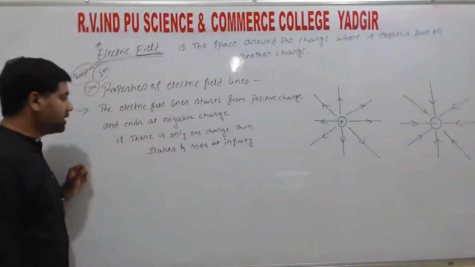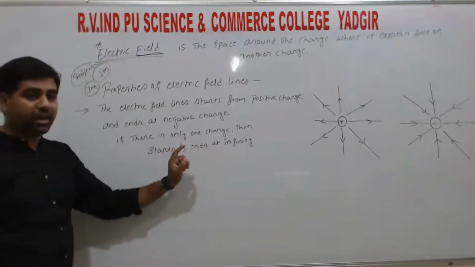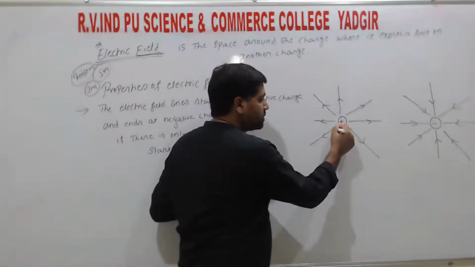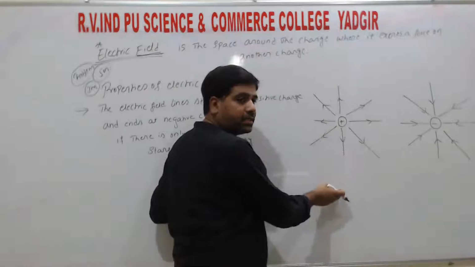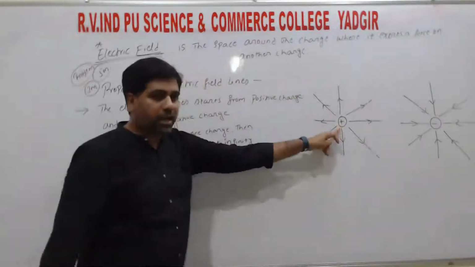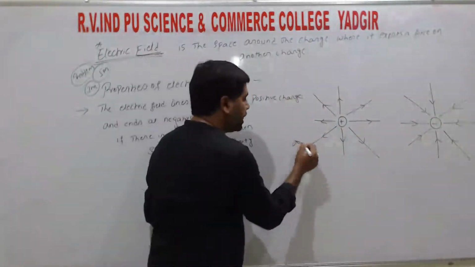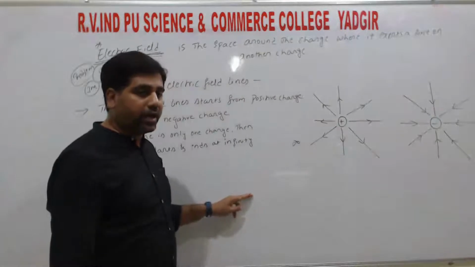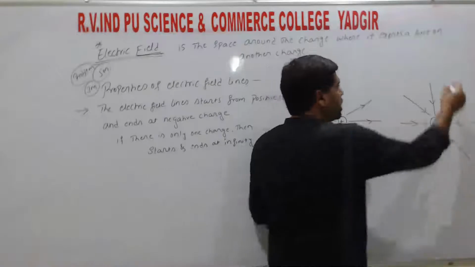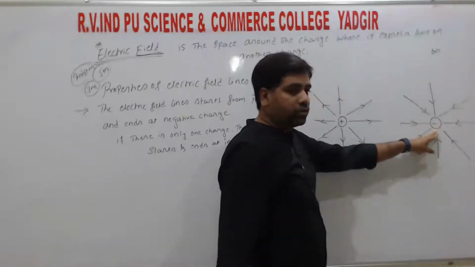Next, it says if there is only one charge, they start and end at infinity. Here we have the positive charge. It starts from positive but ends at infinity. If we consider only this positive charge, it starts from here, but where will these electric field lines end? It will end at infinity, right? For the negative charge, the electric field lines start from infinity, but they converge at the negative charge.